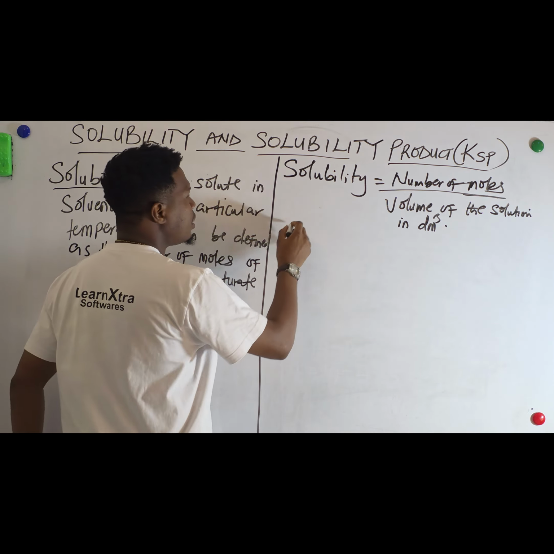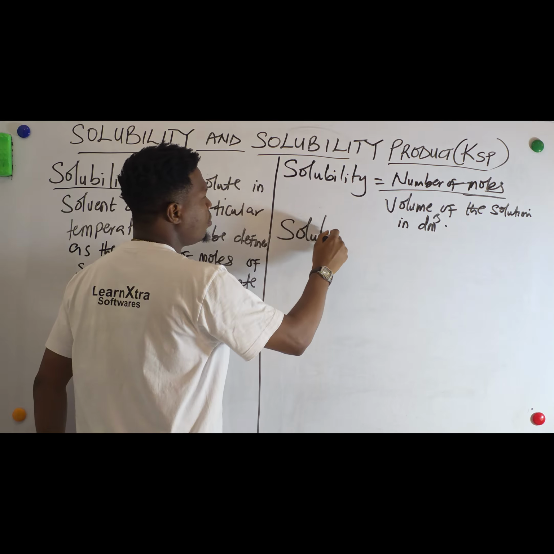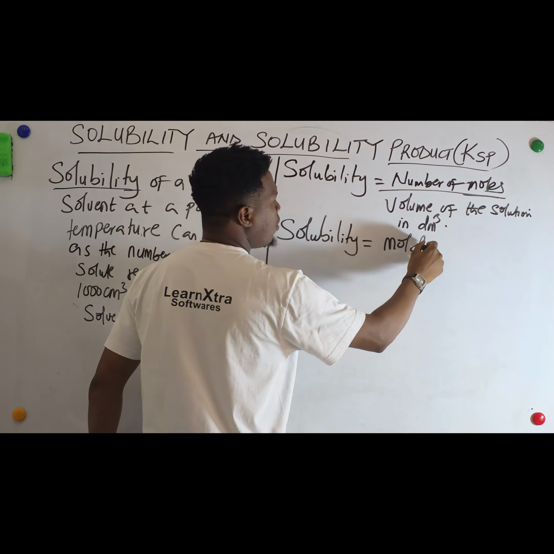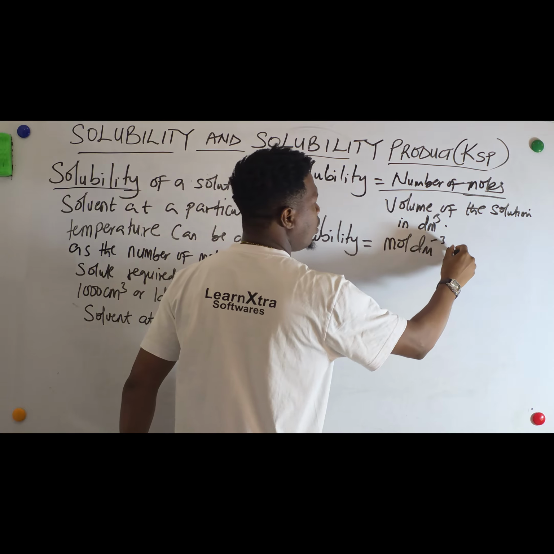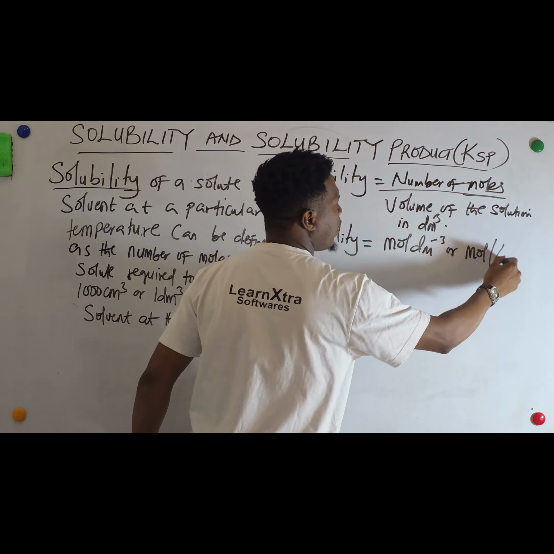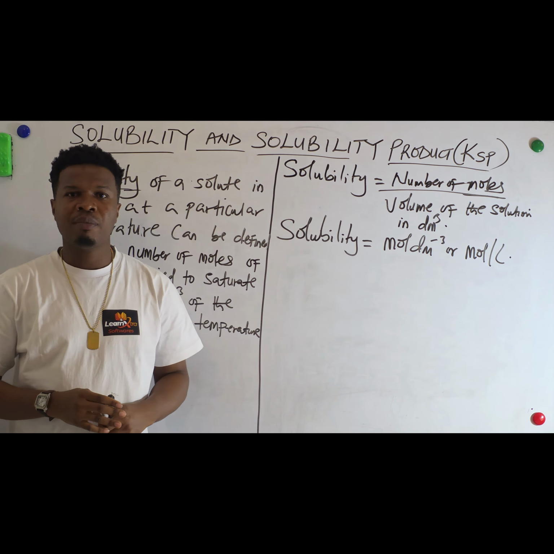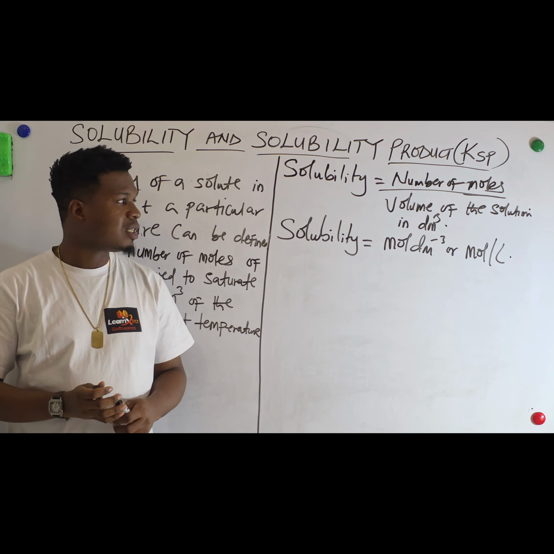So solubility can also be expressed in mole per dm cube, because here it is in mole and here in dm cube, or you can say mole per liter, because dm cube and liter are the same unit.